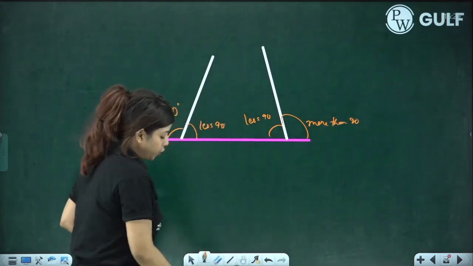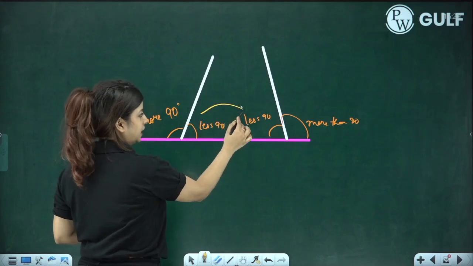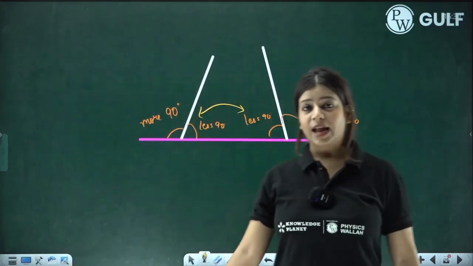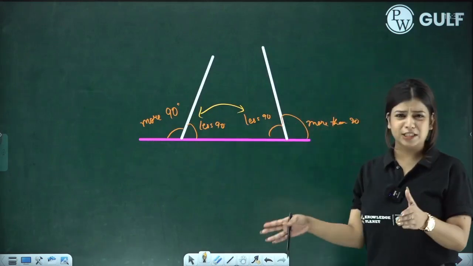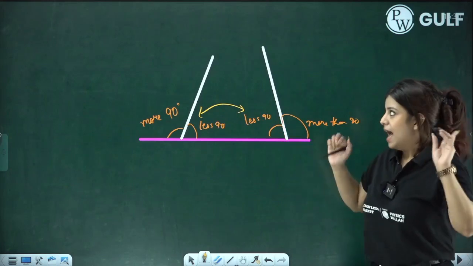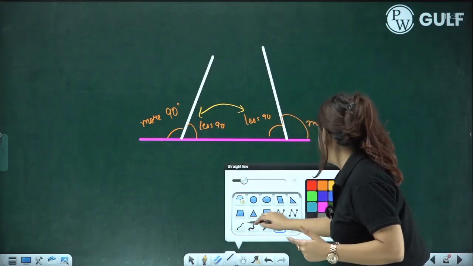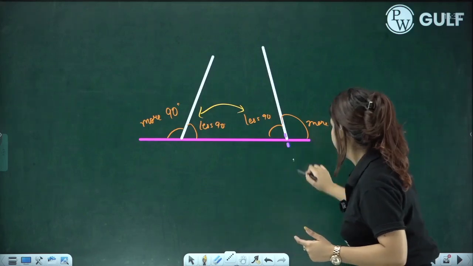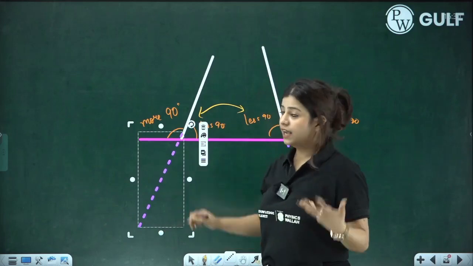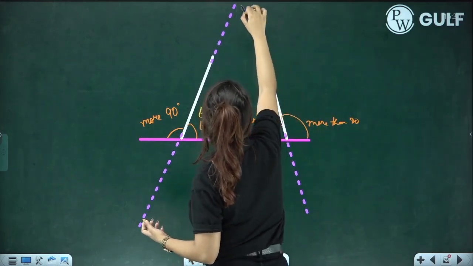90. Now when we talk about the interior side of the angle, students, so this means the interior side of the angles, right? Now if there are such two lines, so of course it is very much visible that if I were to extend these two white lines, I can extend it either ways, right? Either I can extend it to the downside, for example here and here, or either I can also extend it to the upside, that is here and here.